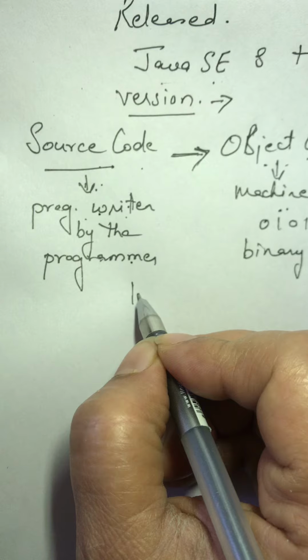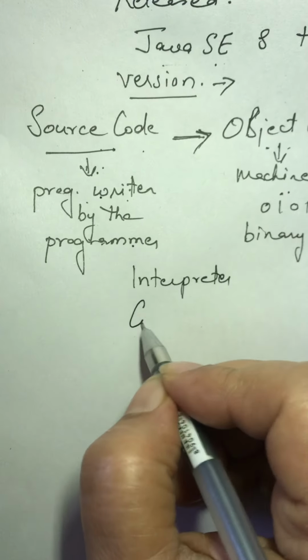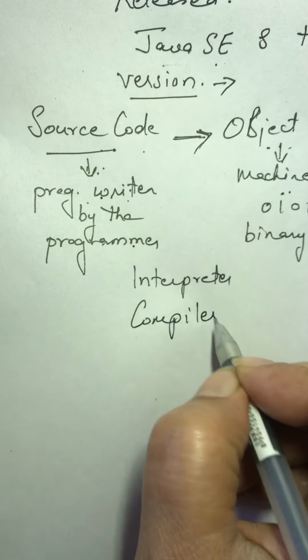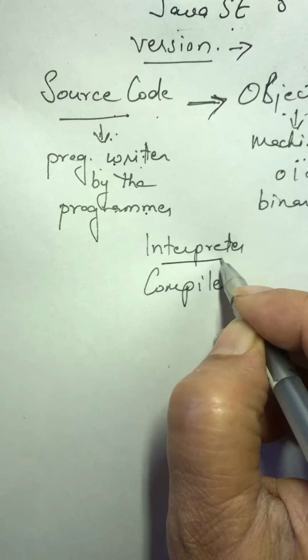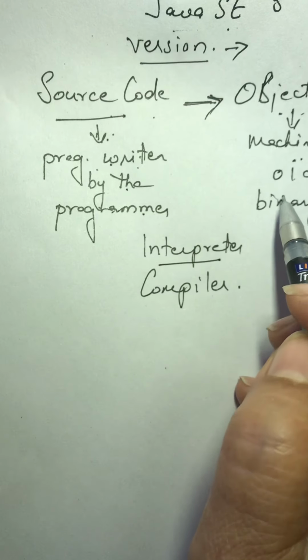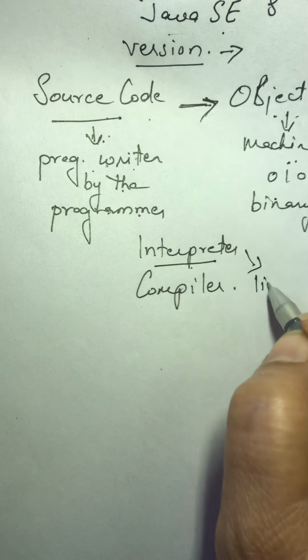So there are two terms here. We have interpreter and the other word is compiler. What is the purpose of interpreter? If you are using an interpreter to change the source code into object code, then the interpreter is going to do it line by line.